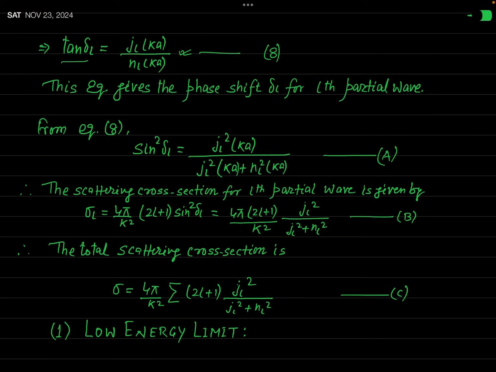Actually, this is a very important result, the expression for the phase shift produced by the spherical potential which we have defined. So this equation gives the phase shift delta L of the Lth partial wave.